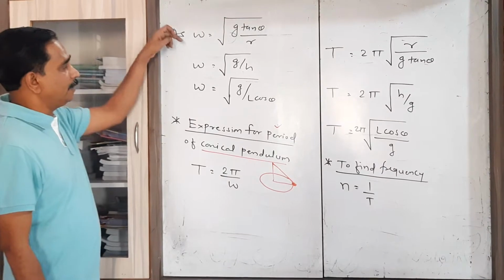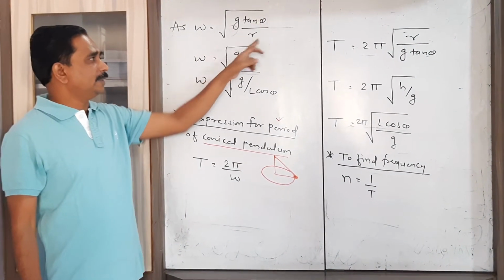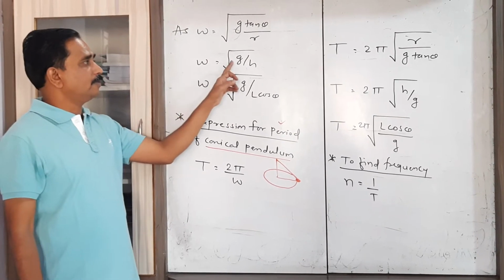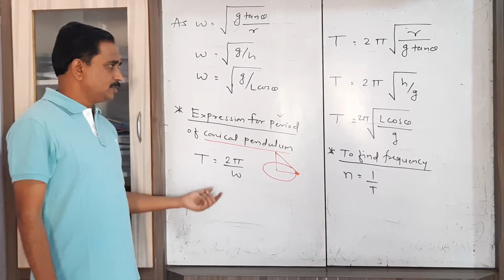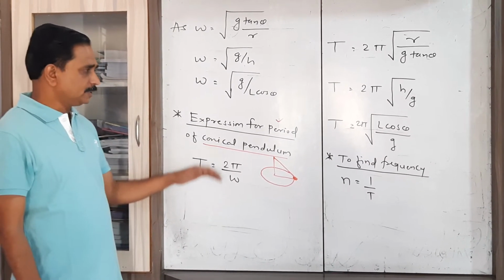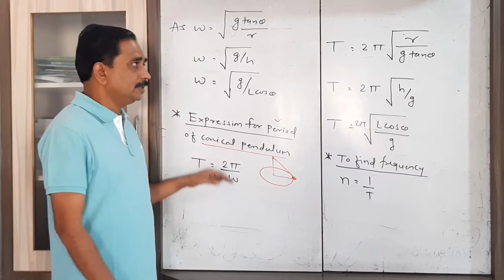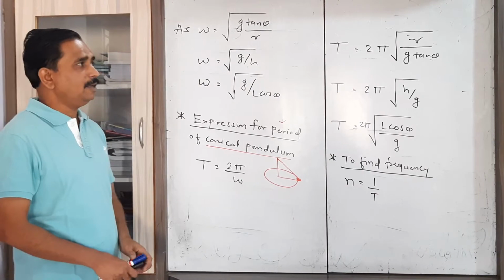Now we already derived the values of omega as omega equal to under root of g tan theta upon r, omega equal to under root of g by h, omega equal to under root of g upon L cos theta. By putting these three values, we have three forms for the expression of period of conical pendulum.